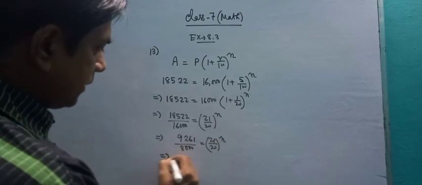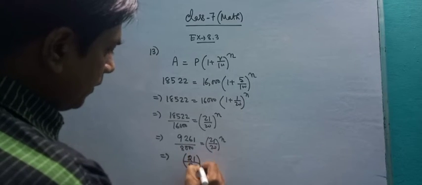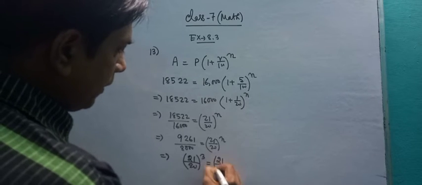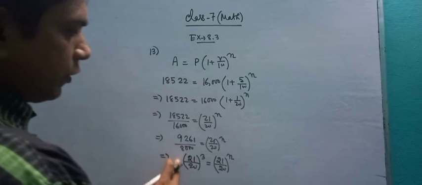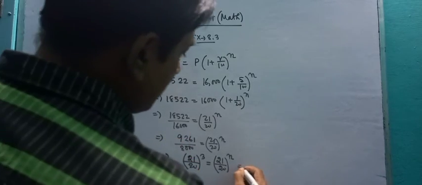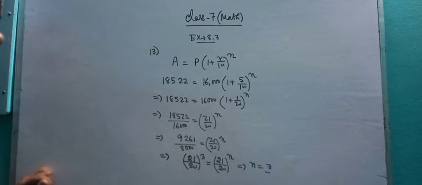Now do this part. That is 21 by 20, that whole cube. 21 by 20 to the power n. This 21 cube is 9261. This 20 cube is this. That means the n value is what? 3. But it is semi-annually.